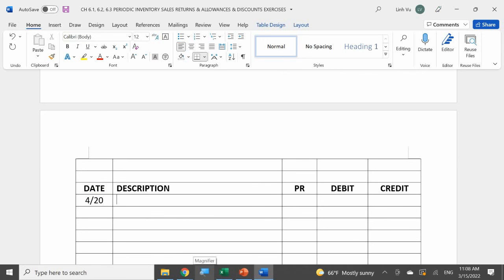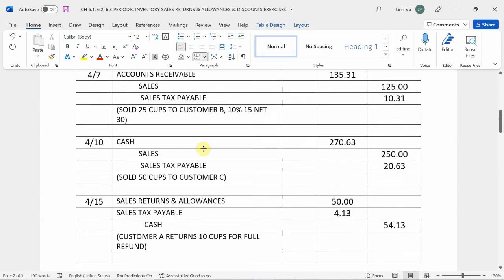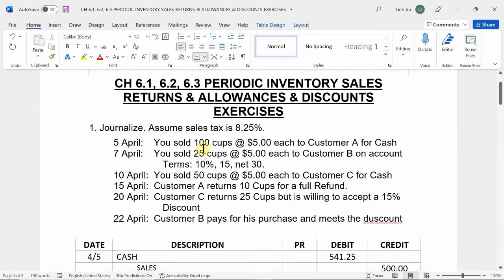What accounts are we going to recognize? Sales returns and allowance, because in this case, we're not giving him a full refund, but we are giving him an allowance. Okay? How did customer C pay me in the first place? Let's take a look. We charged customer C on April 10 for cash.